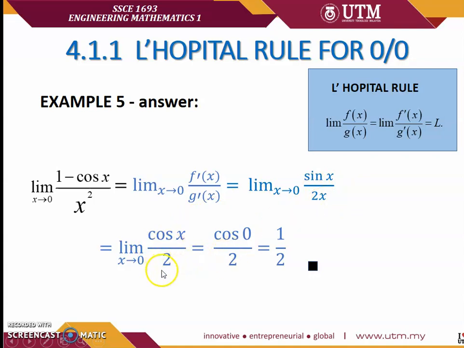Then we substitute the limit 0, so we obtain cos 0 over 2. Using a calculator, cos 0 is equal to 1, so the answer is 1 over 2. So the limit of 1 minus cos x over x squared as x tends to 0 is 1 over 2.